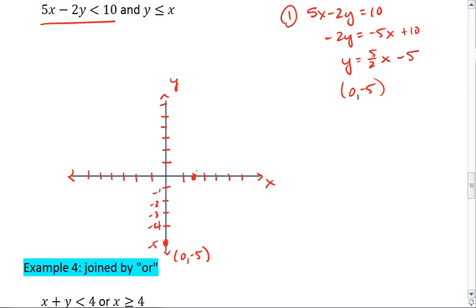So we will also have a solution at 2, 0. And because it's strictly less than, we use a dotted line.